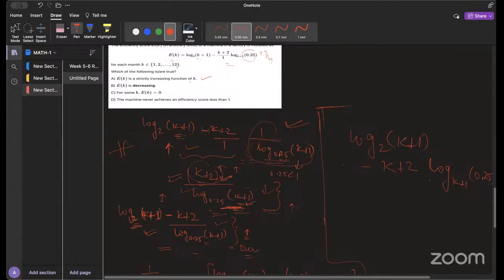This is an increasing function. This is increasing, and this is, have a look at this one. Log.